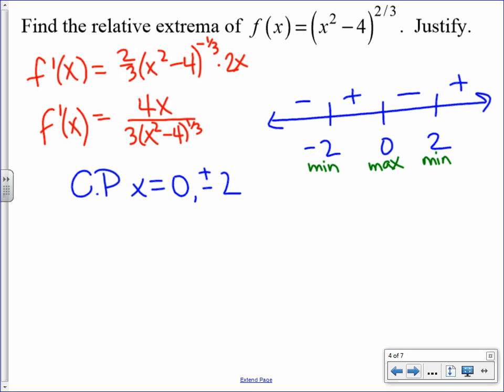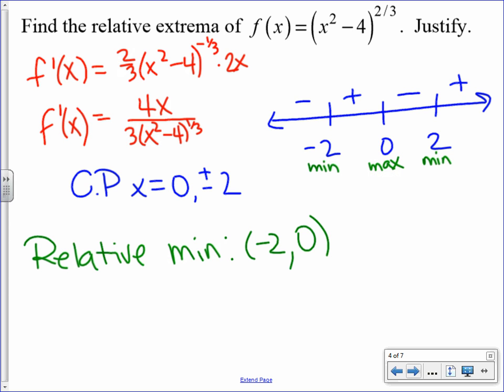Okay, so I want the actual coordinates of these. So we have a relative minimum at -2, comma, 0, and 2, comma, 0. Okay, I'm not going to write out the justification, but why are these minimums?